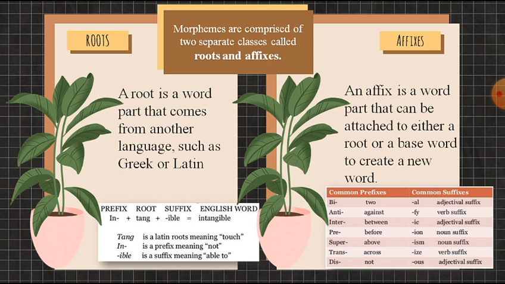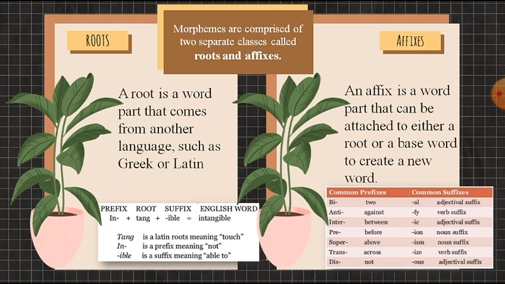So in English, the word is tangible. What is tang? Tang is a Latin word which means touch. In is a prefix meaning not, and able is a suffix meaning able to.